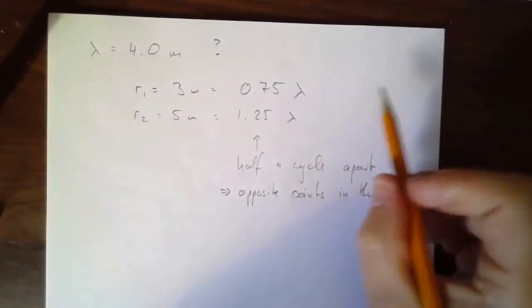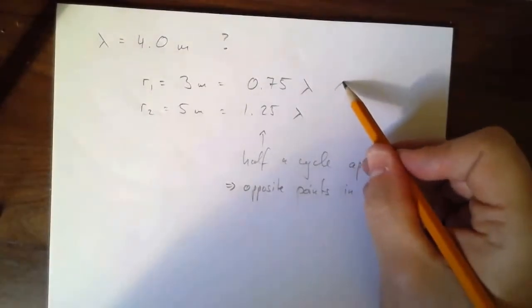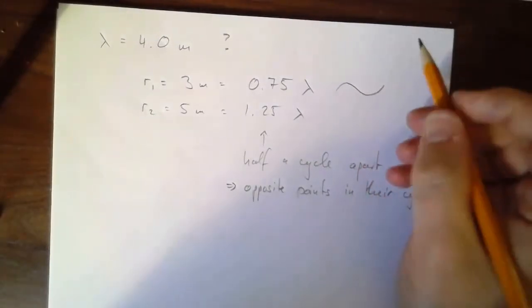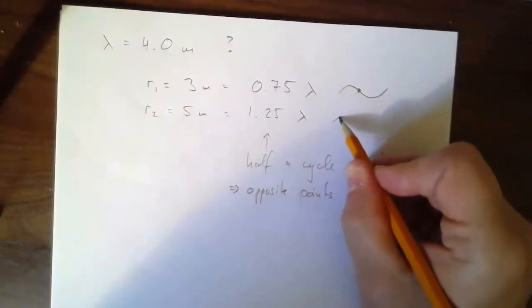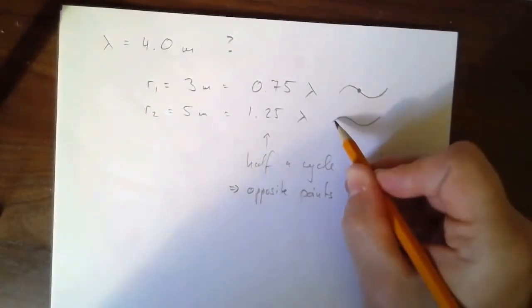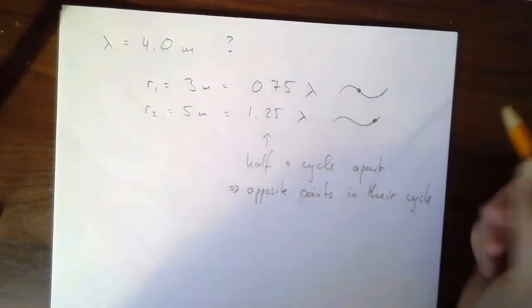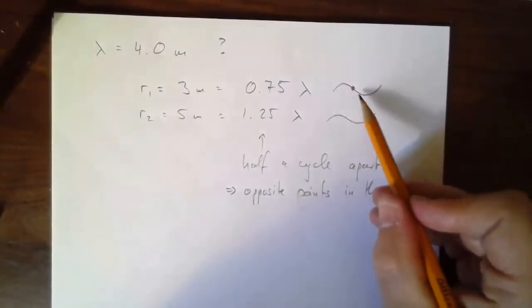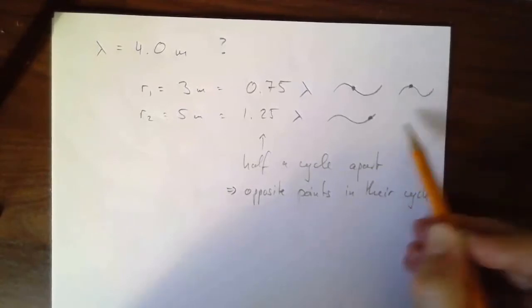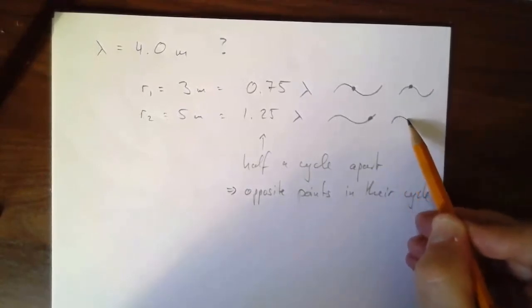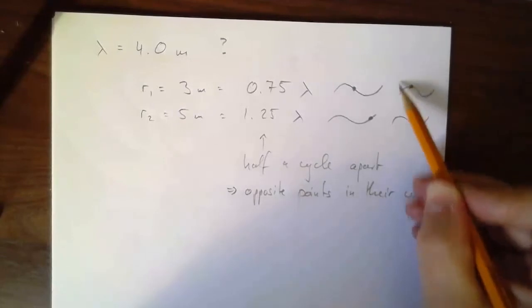So for example, it could be that this one is right here, and this one might be right there. Then you add them, they'll add up to 0, and 1 second later this one could be here, and this one would be here, in their cycle.